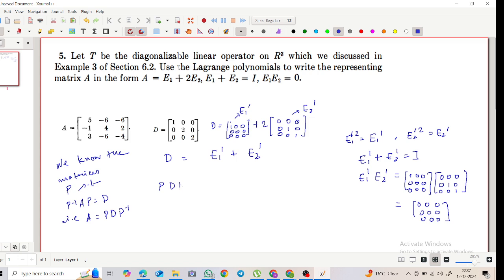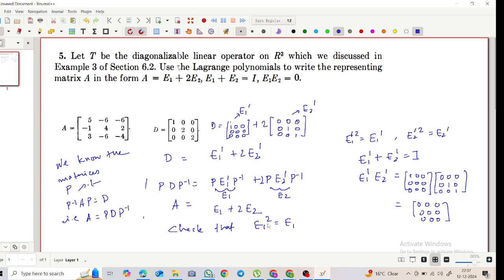So if you do PDP inverse, what do you get? P E1 prime P inverse plus P E2 prime P inverse. So A is, sorry, this is twice E2. So this is E1 and this is E2. You can multiply this to check the criteria. So E1 plus 2E2, check that. E1 square is E1, E2 square is E2.